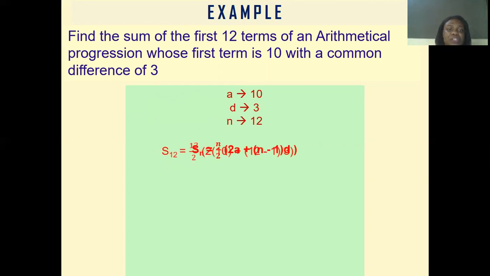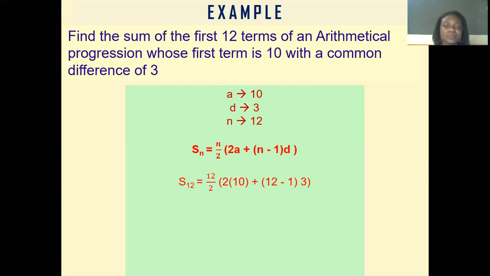If we substitute, we should have 12 over 2 into 2 into 10 plus 12 minus 1 into bracket 3. Then when we simplify that, we should have S of 12 equals 6 into 20 plus 33.